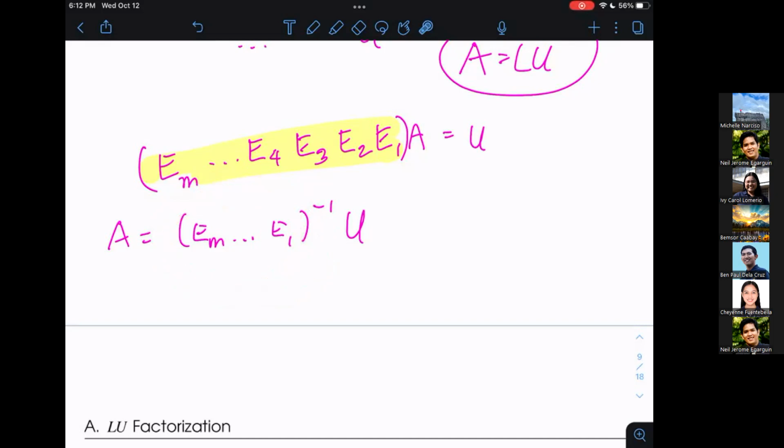Right? So, isa na lamang yung hindi natutupad dun sa wishlist ko. Sana siya ay lower triangular din. Kasi if that happens to be lower triangular, ito na yung LU factorization natin. Si L ay yung inverse ng product ng mga elementary matrices coming from row translations. Tapos si U yung upper triangular matrix na nanggaling doon sa elimination pass. Okay?